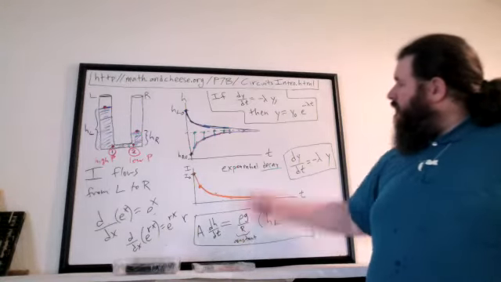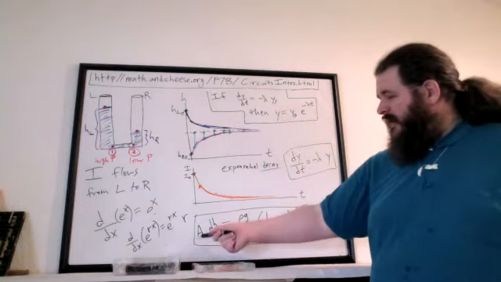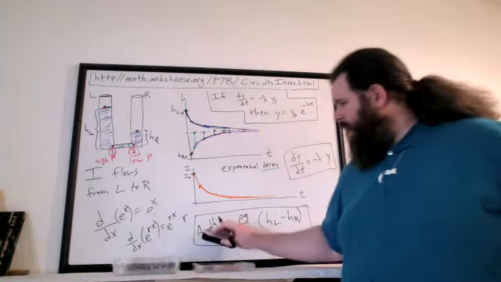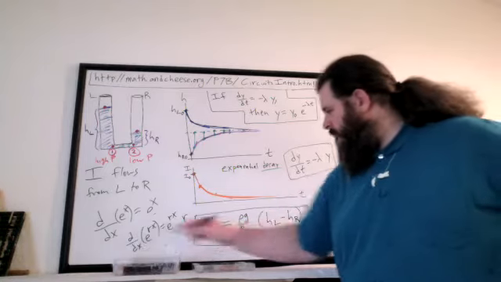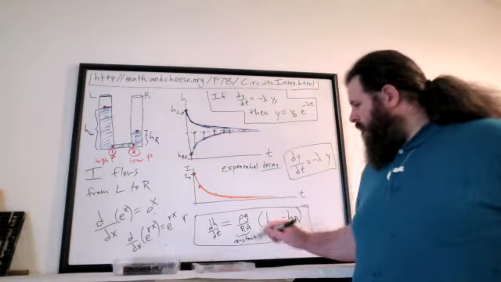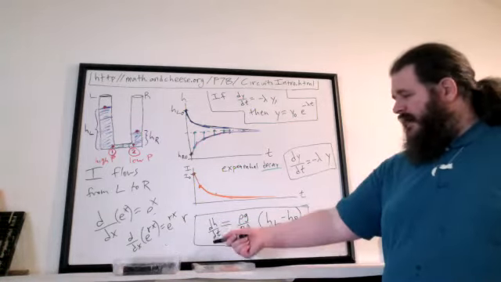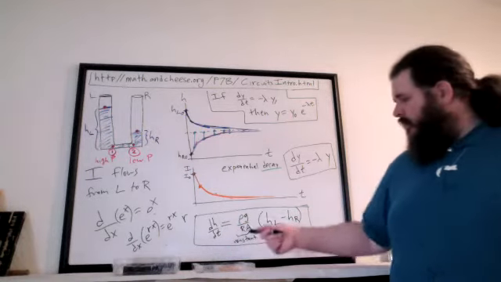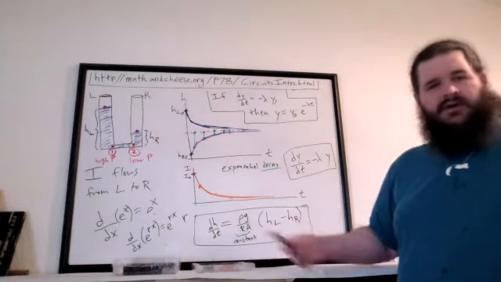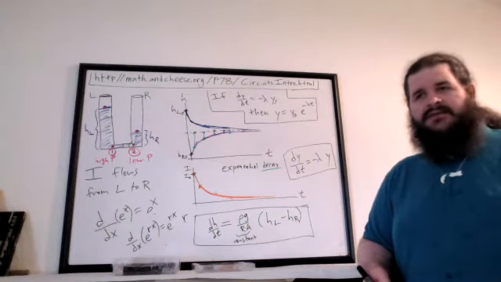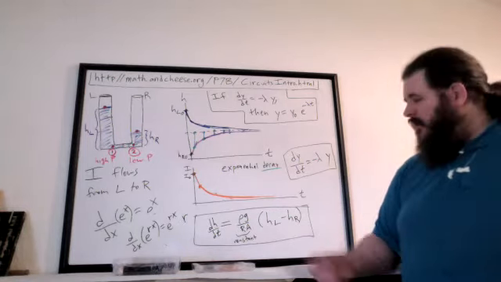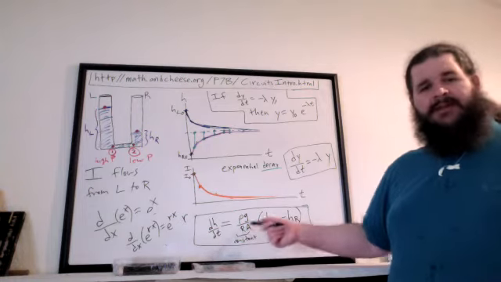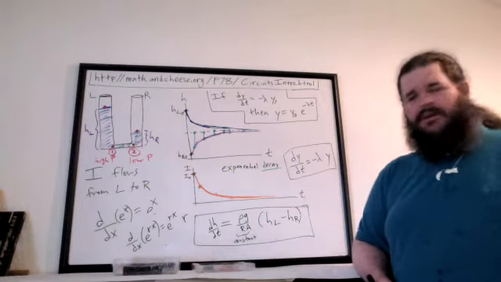If we want this to look like this format, we would have to divide both sides by A. And now we have derivative of height equals a constant times the difference in height. So this would be our lambda here: rho g over R A, the density times gravity over the resistance of the flow pipe times the cross-sectional area of the standpipe.